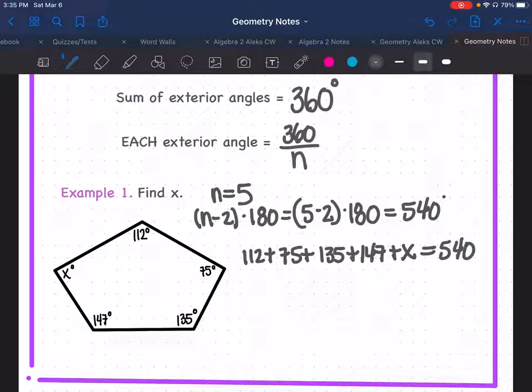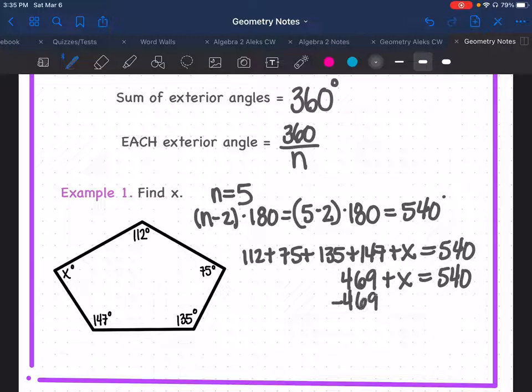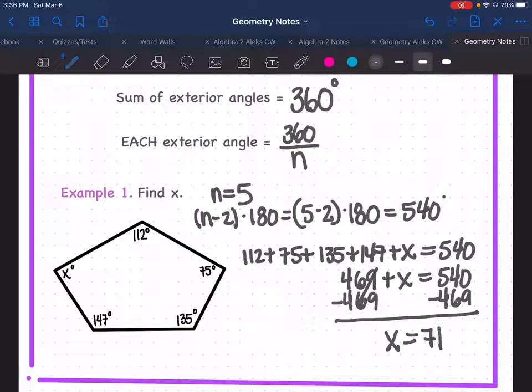So I'm going to combine all those numbers, and I end up with 469 plus x, and I simply subtract the 469 from each side, leaving me with x is equal to 71 degrees.